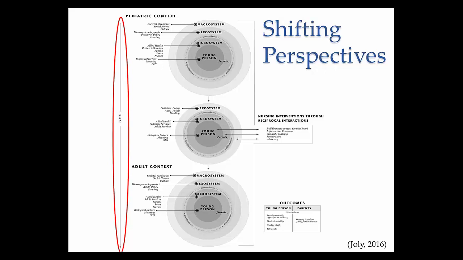So what I wanted to do with this was to emphasize this notion that transition is a process over time that does not stop when you move into adult care. What critical perspectives have done is help me think about time more broadly, not just about how contexts change over time, but how those changing contexts actually impact how young people are able to achieve outcomes and live their lives in adult care.